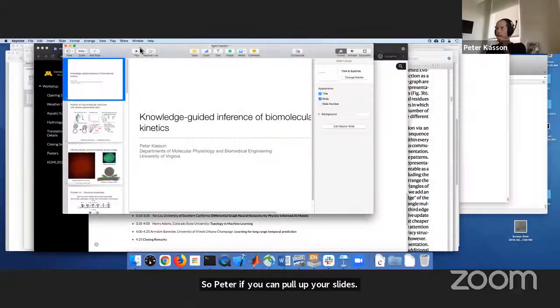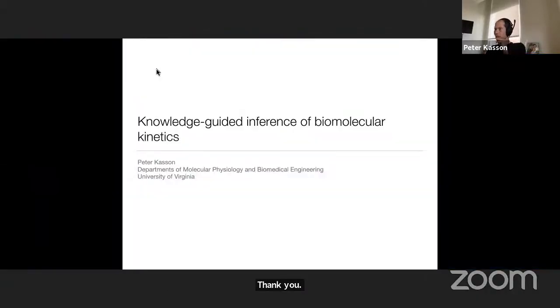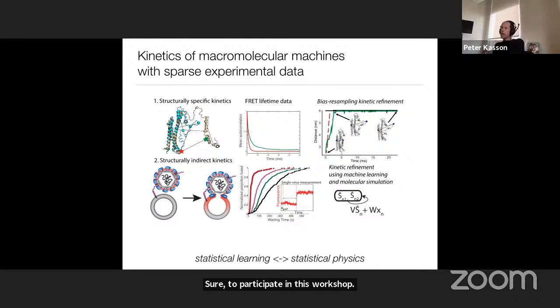Great, thank you. It's a pleasure to participate in this workshop. So what I want to talk about is a set of approaches to understanding the kinetics of macromolecular machines using sparse experimental data, and two different types of sparse experimental data. One is where we have structurally specific data.